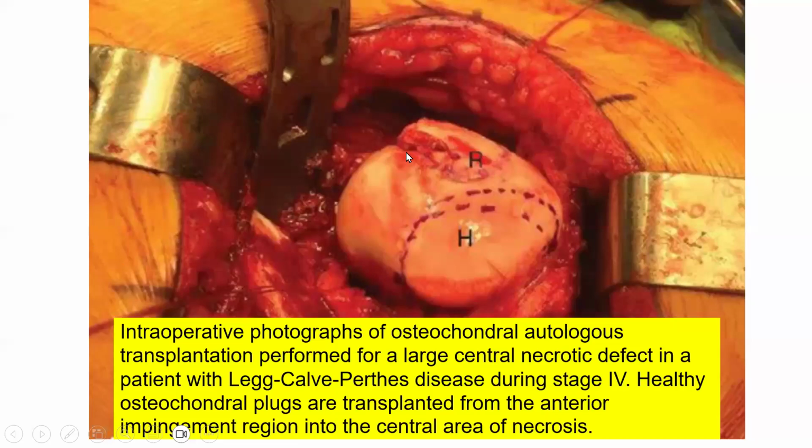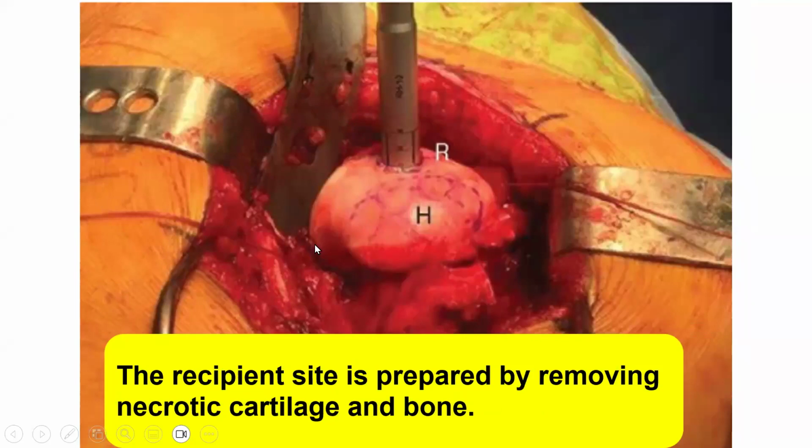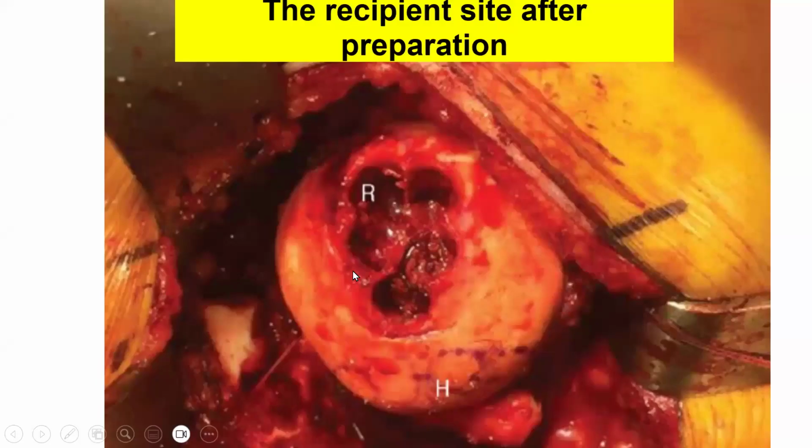Or if the central portion of the head is destroyed, we're removing the central portion and bringing the lateral and medial portion of the head together. These are new techniques. Look at this is the mark. We marked the area where we're going to do the mosaicplasty, and we make our mosaicplasty in the place where there's no more any cartilage and it's destroyed, and then we do our mosaic on the head.